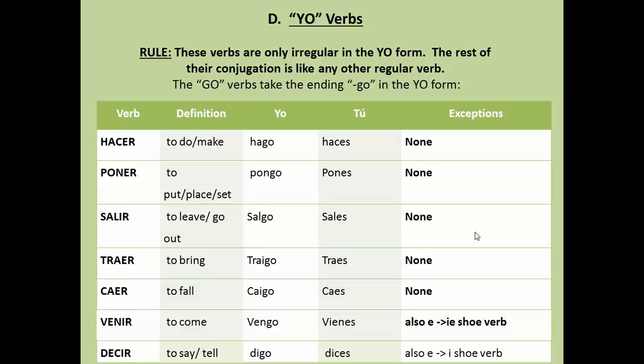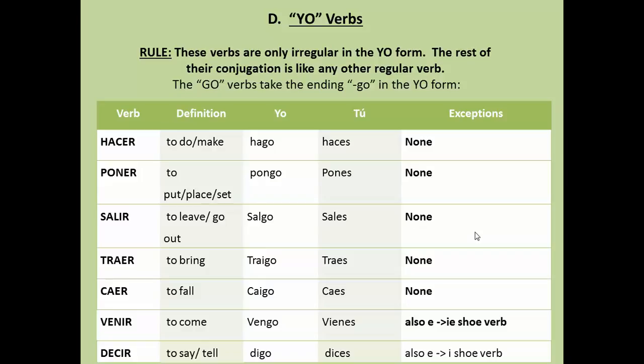Traigo, and then traes, trae, traemos, traéis, traen. And then we have caer, to fall, and that is caigo, and then that's the yo form. Caigo, and then caes, cae, caemos, caéis, caen.